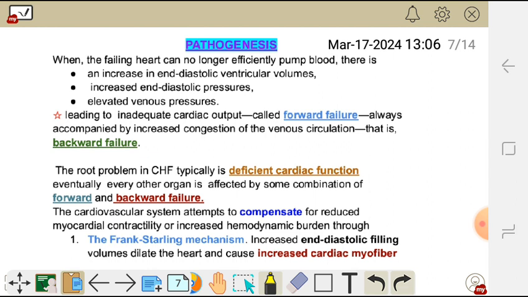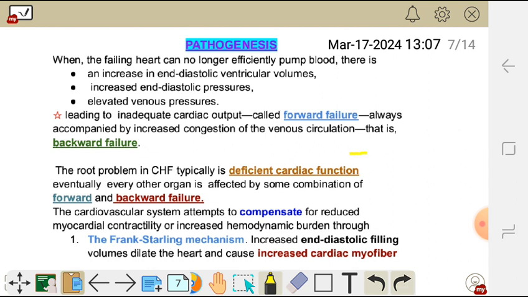Now the root problem in congestive heart failure is deficient cardiac function. The cardiac muscle is not functioning properly. That is the root problem. Everything is pointing to the function of the myocardium.